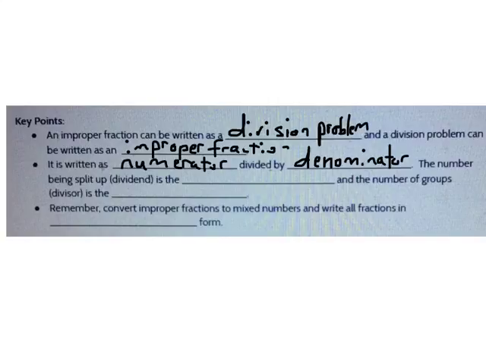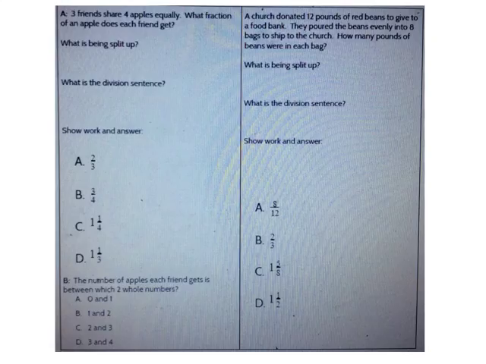That means the number being split up is the numerator, the dividend is the numerator, and the number of groups, or the divisor, is the denominator, the number you're dividing by. Remember, convert improper fractions to mixed numbers and write all fractions in simplest form. Take a moment to make sure you have your notes down, and then let's go do some practice problems.